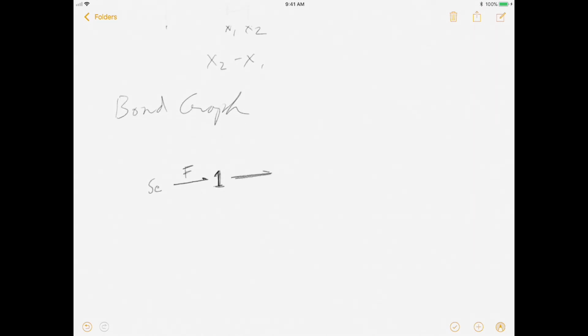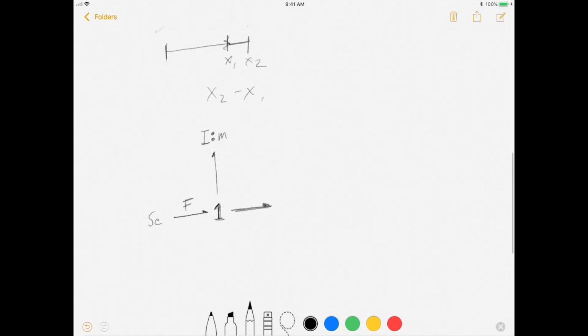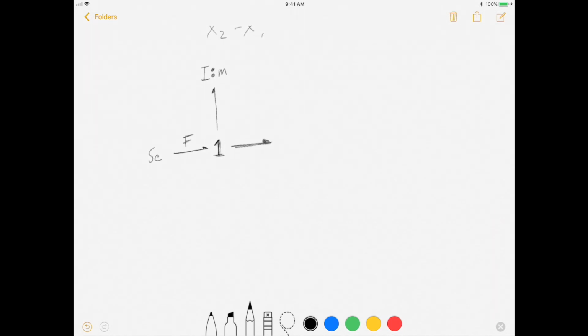So we're going to have a line that's going out, and I'm going to erase this title bond graph, but just remember it's a bond graph. Then we're going to have arrows that are coming out right here, right? And then we're going to say this is going to be an I, which is an inductive component, which is representative of the mass. Then we're going to have a representation of the spring, which is going to be a capacitor, right?